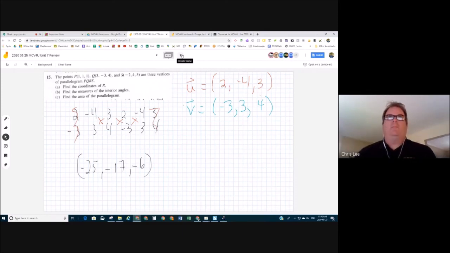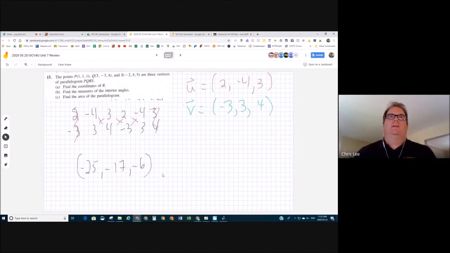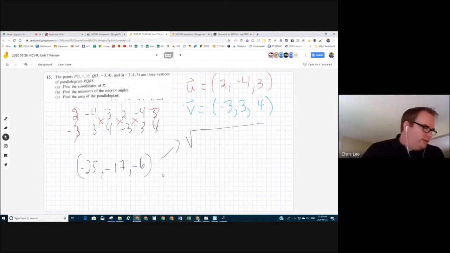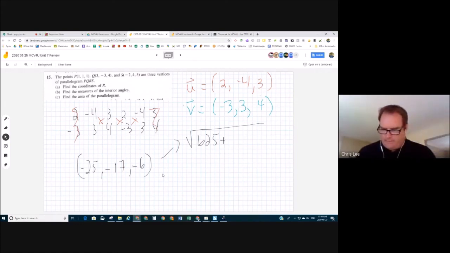But I need its magnitude, because the area is actually the magnitude of it. So I need to find the magnitude of that vector, which is going to be the square root of the squares. So it's going to be -25 squared, which is 625. And -17 squared is 289.